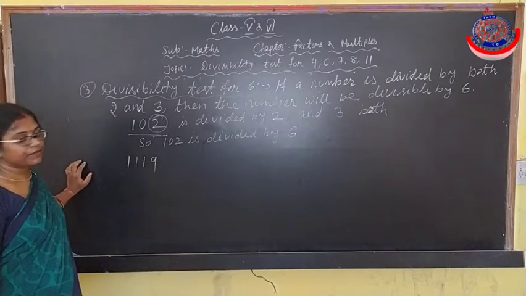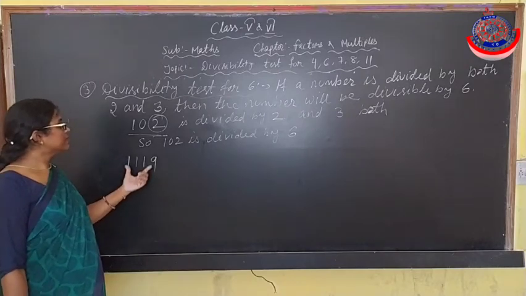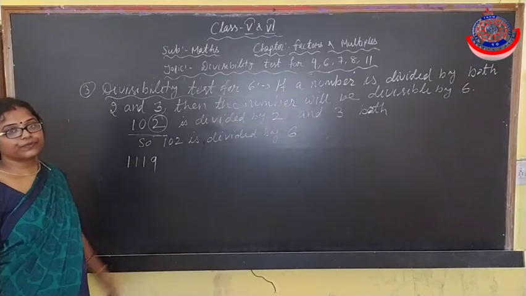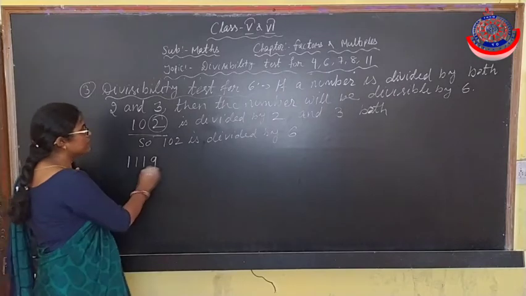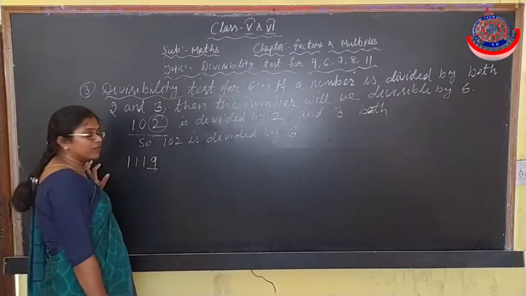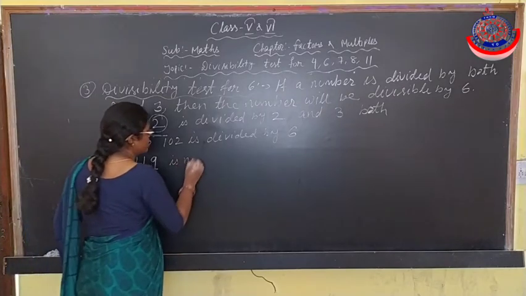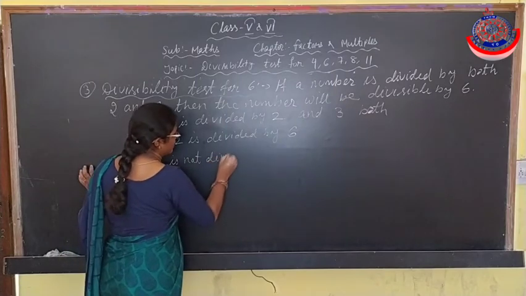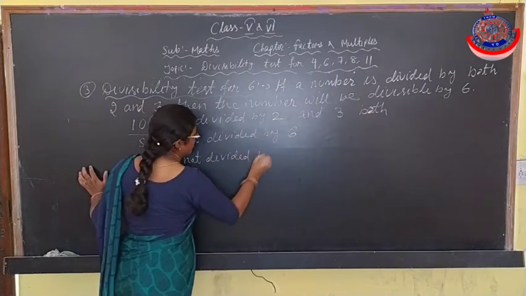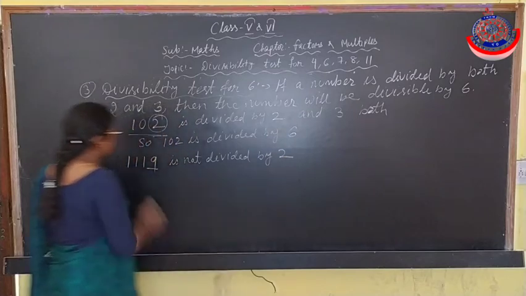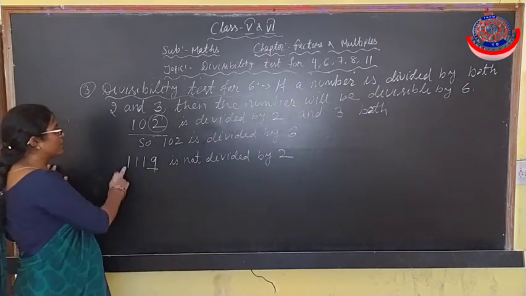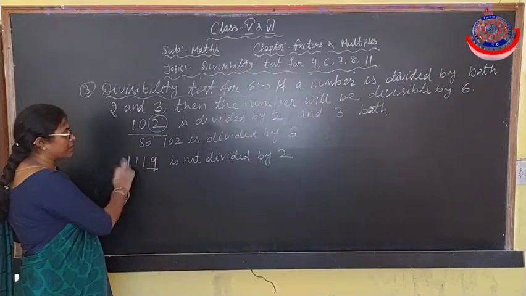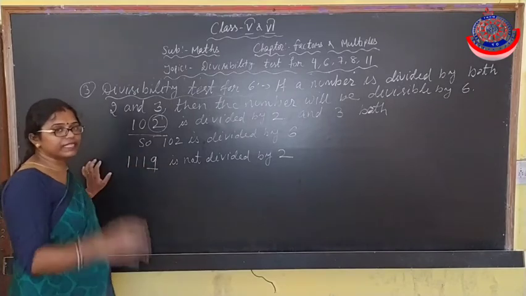1,119. Is this number divisible by 2? No, because 9 is there in its ones place. It is not divisible by 2. Is it divisible by 3? Check. 1 plus 1 plus 1 plus 9, 9 plus 3, that means 12. 12 is divisible by 3.